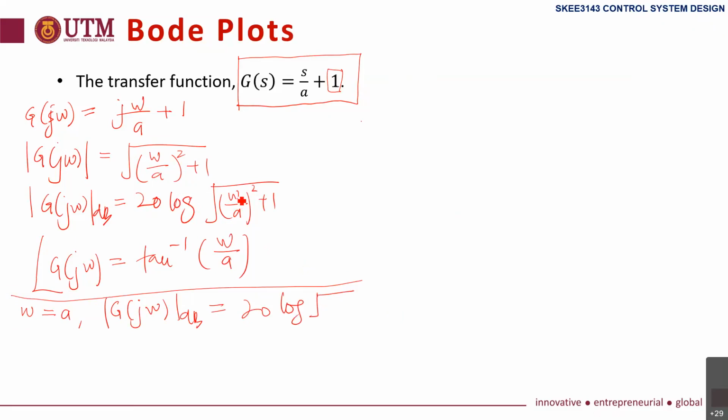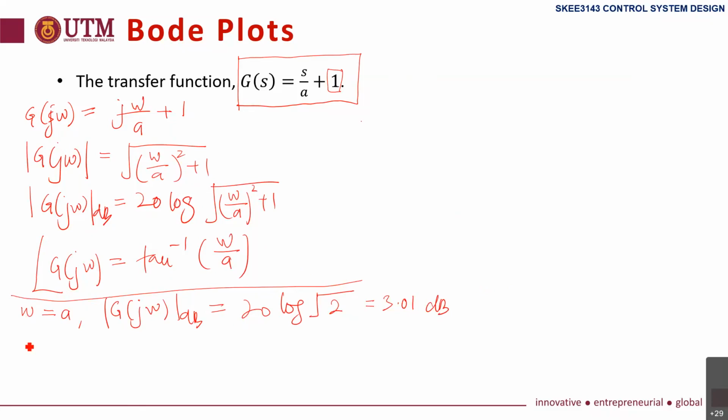When omega is equal to A, that means A over A, so here 1 plus 1 is log 2. Log 2, if you check, when you multiply by 20, you get 3.01 dB. That is for log 2, when omega is equal to A.